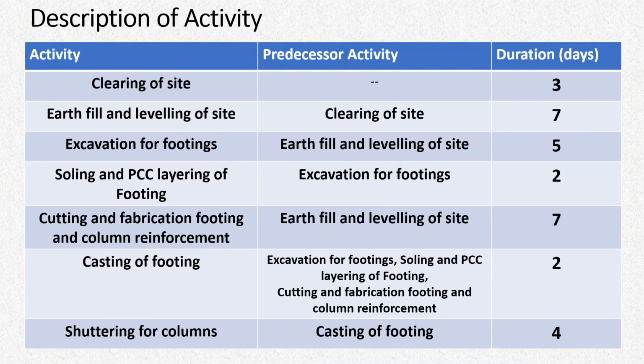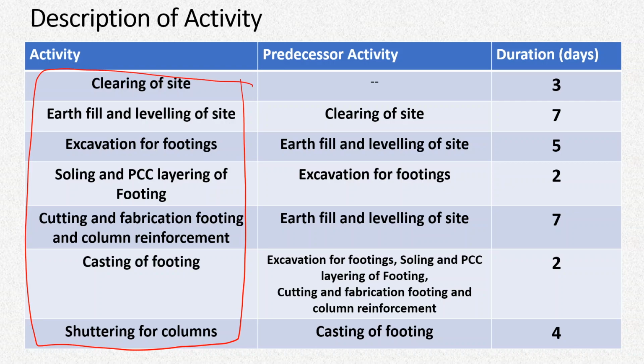Now let's go a little backwards, because all these graphical representations will depend on a list of activities. In the list of activities, we will have to describe what all these activities are. In the first column, we simply list all these activities, and in the second column we write the predecessor activity.